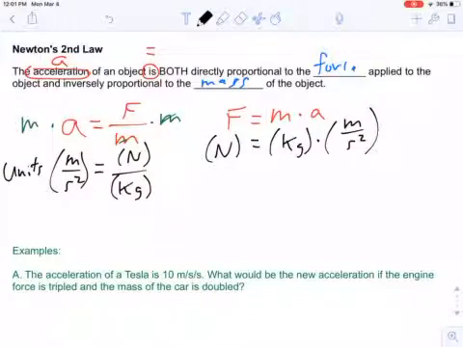So a newton can actually be defined, and if we put 3 lines, that means defined, as a kilogram times meter per second squared.